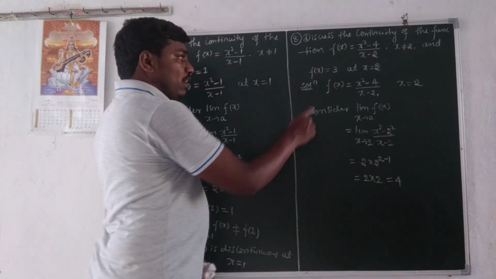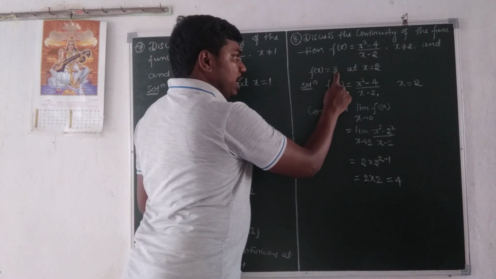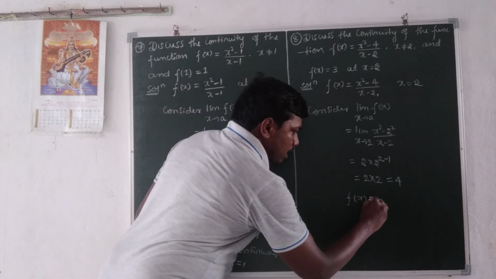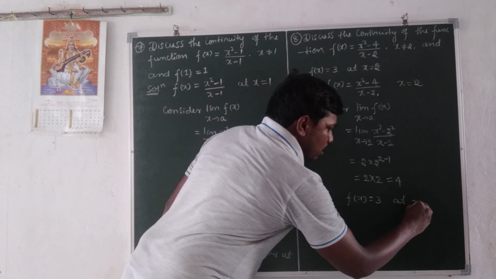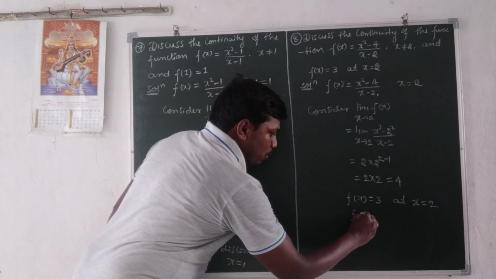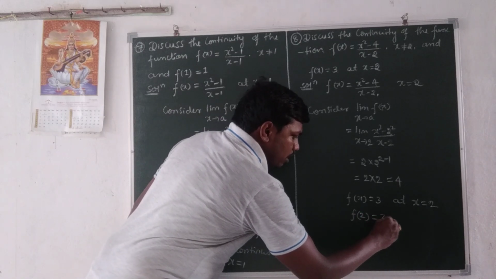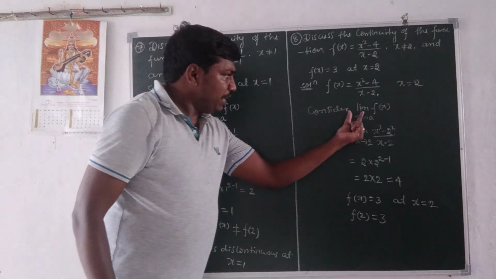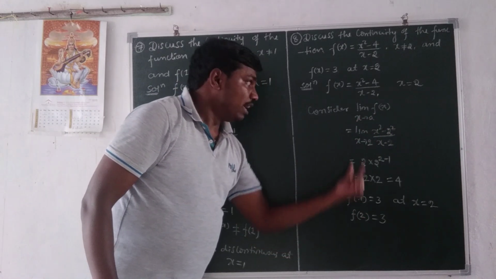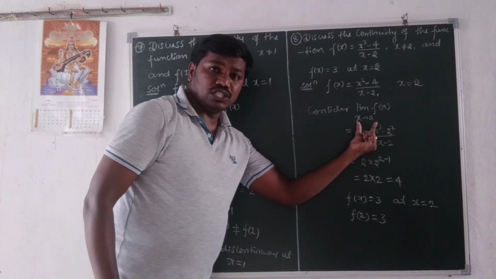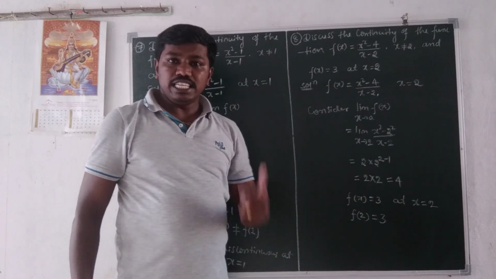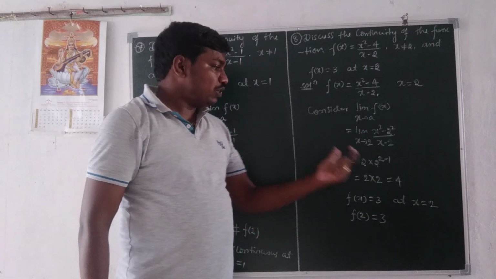So what is f of x? F of x is equal to 3 at x is equal to 2. So what is f of 2? F of 2 is equal to 3. So limit f of x as x tends to a is not equal to f of a. It indicates that f of x is discontinuous at x is equal to 2.